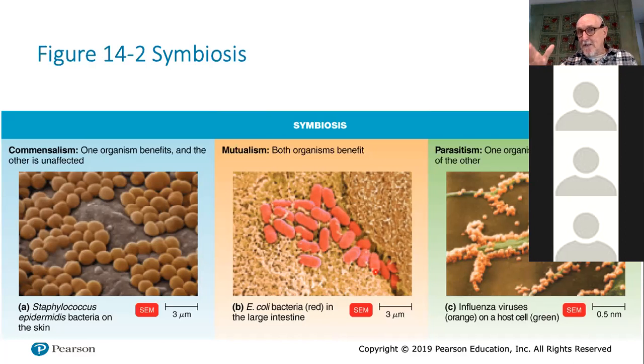Most of the rest of the semester is going to be discussing the role of parasites. This is a symbiosis where one organism benefits, but it's at the expense of the other. The other organism does not benefit. In fact, its homeostasis is adversely disturbed by the presence of the parasite.